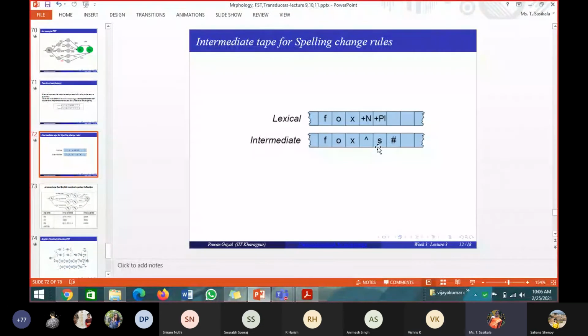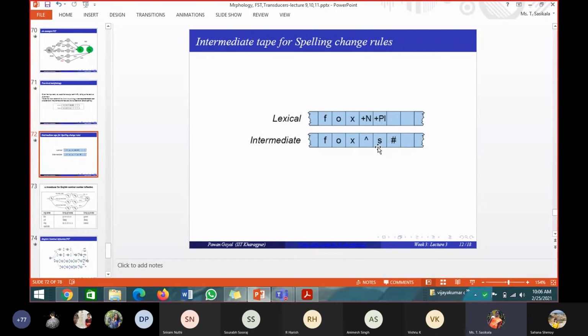So between the lexical level and the surface level, in order to overcome that problem, we have an intermediate form which represents the root word and some placeholder. That placeholder can be null or E or Y or I depending on what type of phonemes are available in the stem and at the surface level.